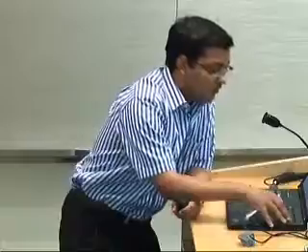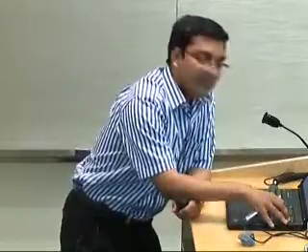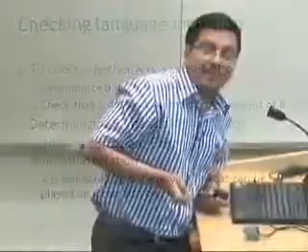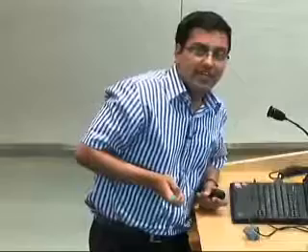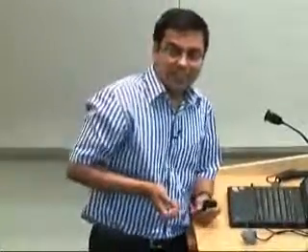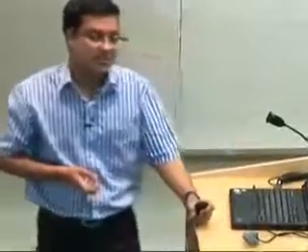Just a brief overview: if B is non-deterministic, we would need to determinize it and check that A does not intersect with the complement of B. If B is huge, then it's infeasible to determinize, and we generally go for existence of a simulation relation as a sufficient condition.